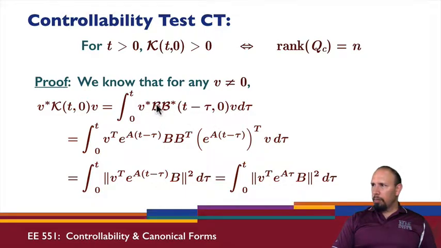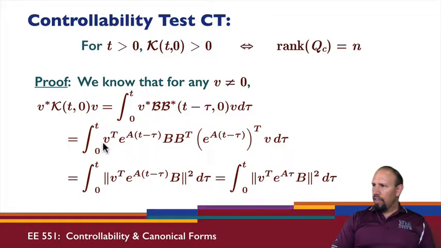Operating on it by the control map, I get a vector in R^n, so this is a vector in R^n adjoint times a vector in R^n, a well-defined quantity. I can integrate this between 0 and t, and I can show that this quantity can be written this way. Notice that it involves e to the A(t minus tau), and its transpose.